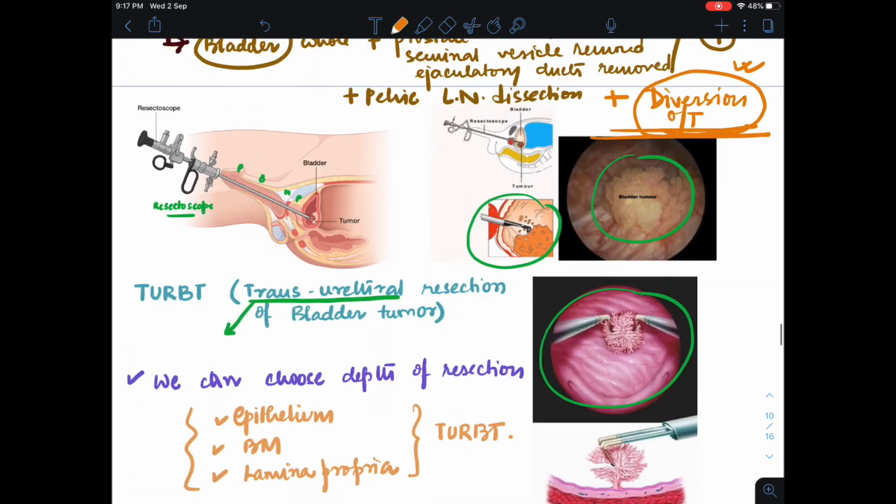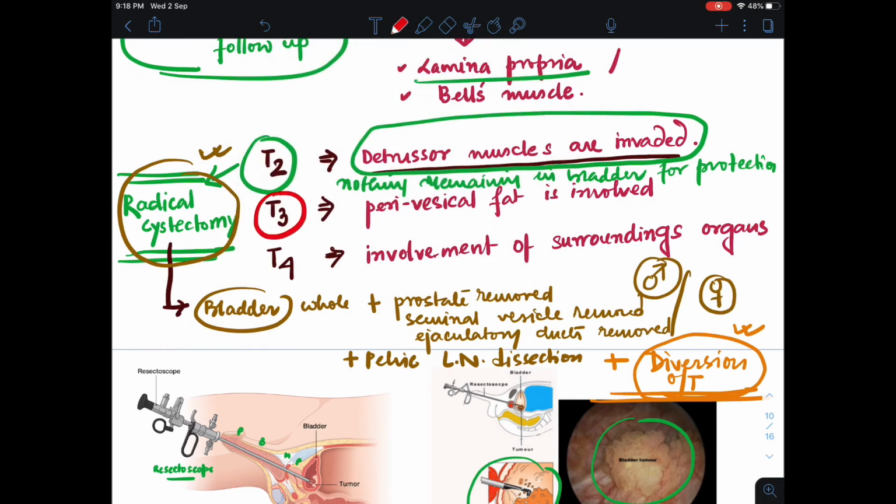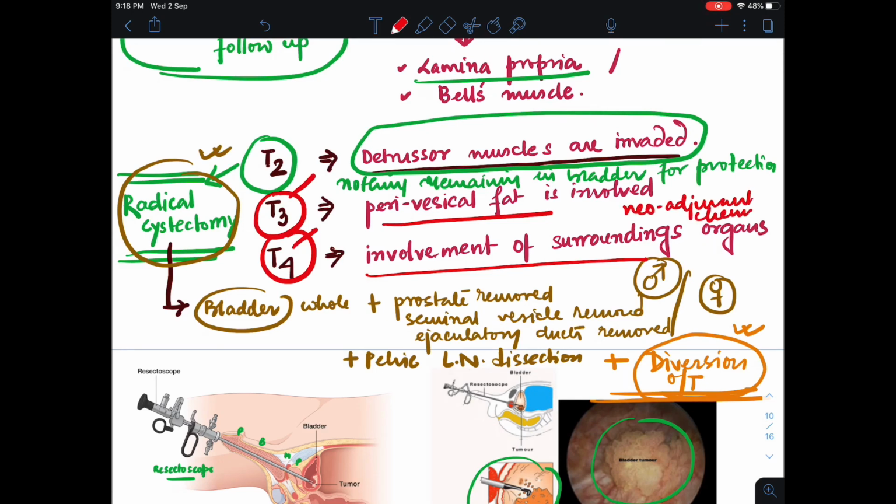Now coming to stages 3 and 4, as it has gone beyond the scope of our surgical management, in these two stages we do neoadjuvant chemotherapy, adjuvant chemo, plus we also remove the bladder, that is, radical cystectomy is done, in T3 and T4 stages.